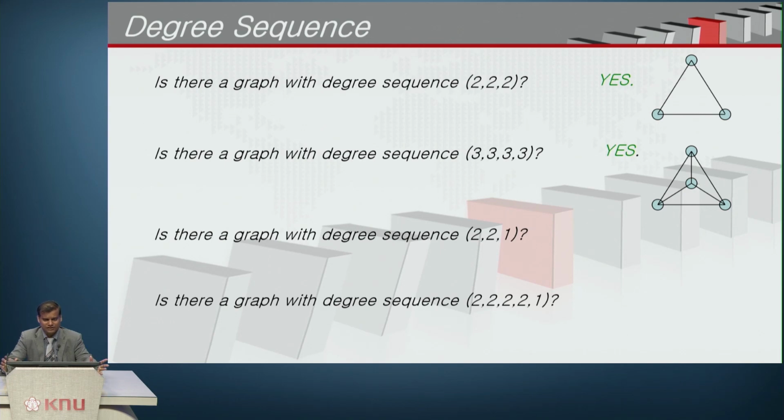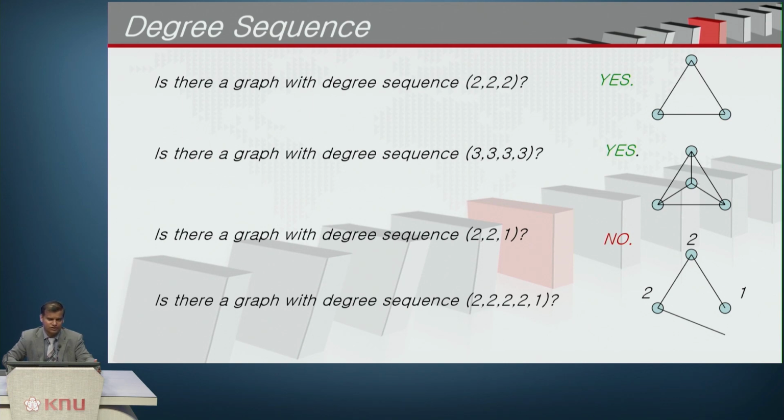The next question is interesting. Is there a graph with a degree sequence 2, 2, 1? Well, you can try to imagine this. You can see this looks quite strange, which means that it is not possible to have such a graph.